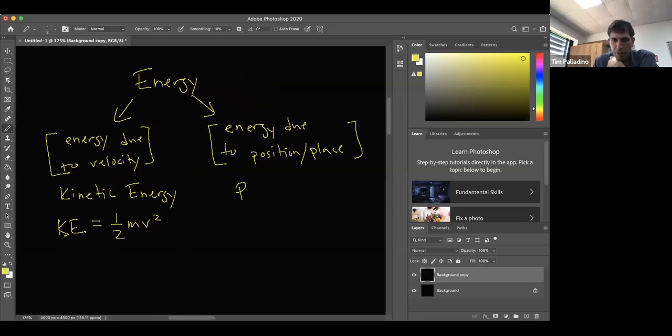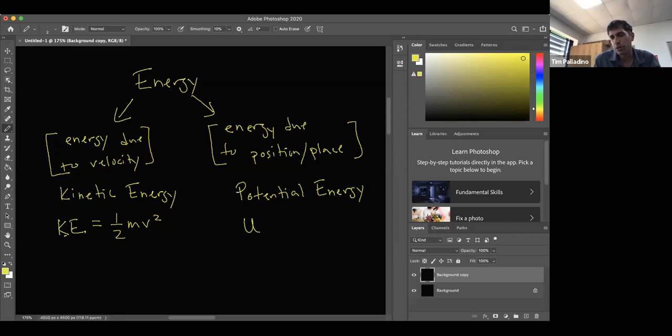Not position energy. Yeah, potential energy. Energy that has the potential, the ability, to be converted into real energy, which would be energy of motion. We don't usually abbreviate potential energy as PE. We usually just abbreviate it as capital U.